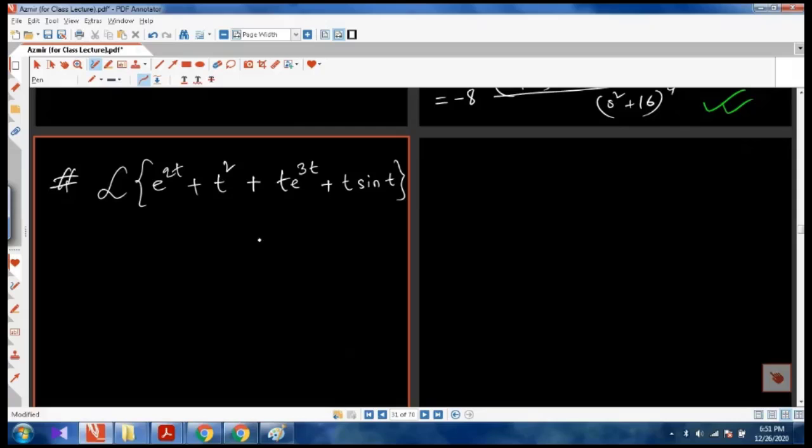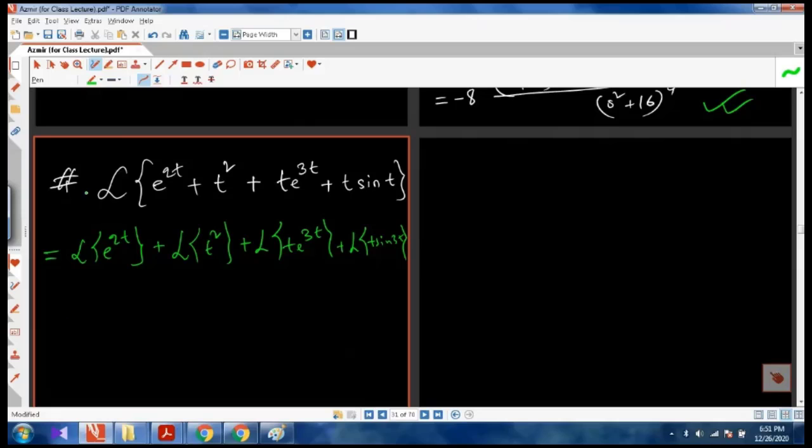So can we solve this one? Yes, sir. How? At first, we can apply the linearity property. So Laplace transformation of e power 2t, Laplace transformation of t squared, Laplace transformation of t e power 3t plus Laplace transformation of t sine 3t. Now, whatever single part we can solve, let's solve first.